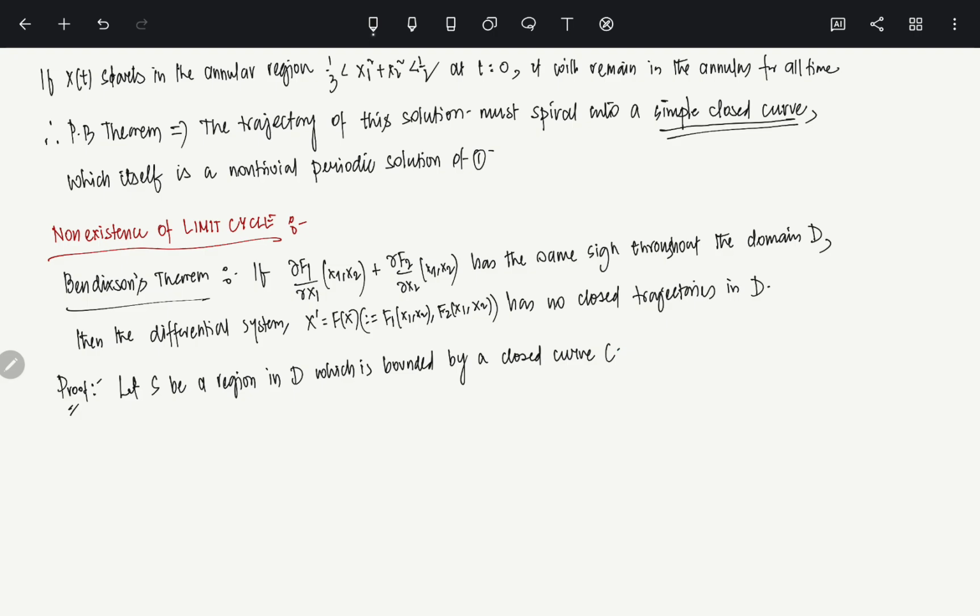So let's just start with a closed trajectory. If there is a closed trajectory, there will be a region bounded inside it. Let's just call this region S.